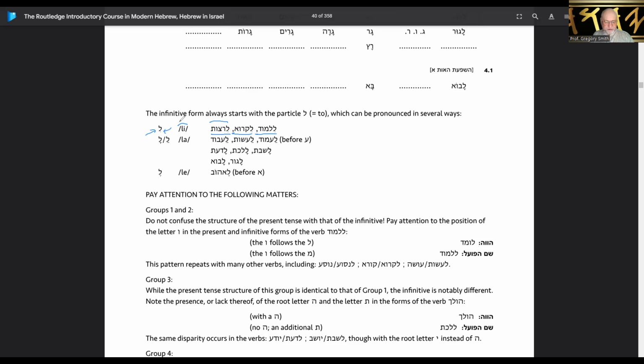Okay, let me see what kind of time we've got here on this. Yeah, we're at an hour. I'm going to stop here for today. I think we covered enough. So the next time we'll start at the infinitive form.